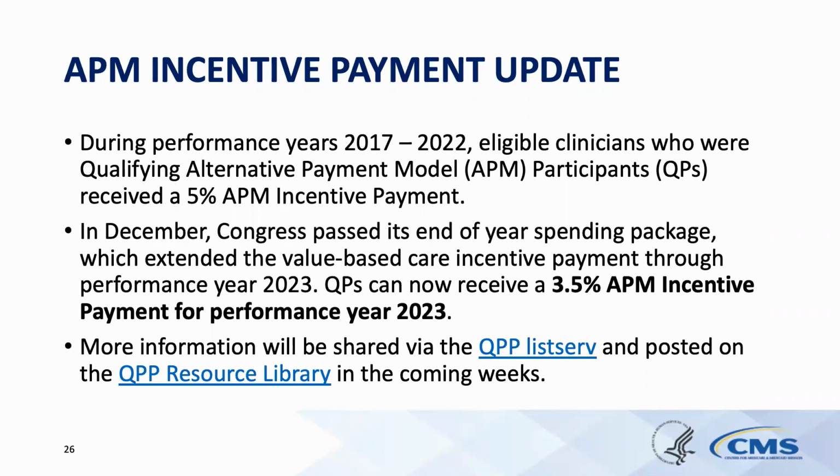In December, Congress passed its spending package that extended the incentive payment through performance year 2023, however, decreasing the percentage to 3.5% for performance year 2023. We will have more information about this on our website via the QPP resource library. And in the coming weeks, we'll also be sending out a listserv message that will point you to all the resources that can detail this update in a little more detail. Next slide, please.